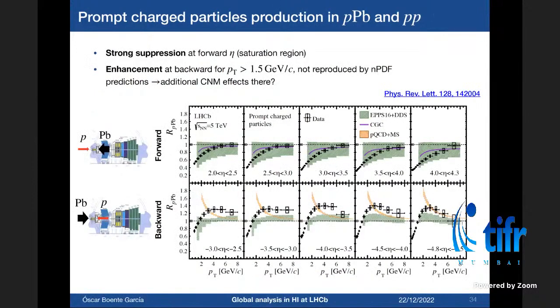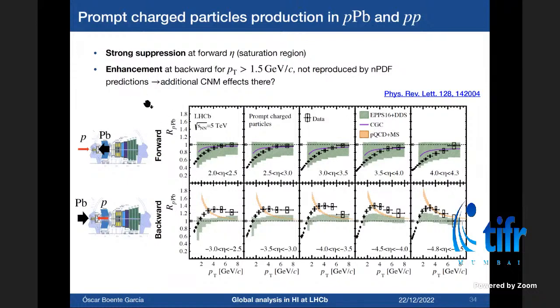And yeah, here you have the results. I won't discuss them much because I think the aim is more the experimental techniques. But yeah, basically you have here the R_pPb. We see a suppression at low pT, quite a strong suppression, and this is more or less predicted and expected by the models.